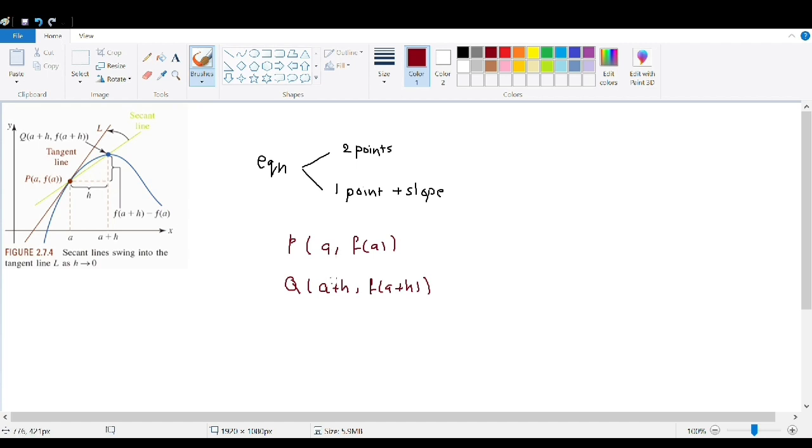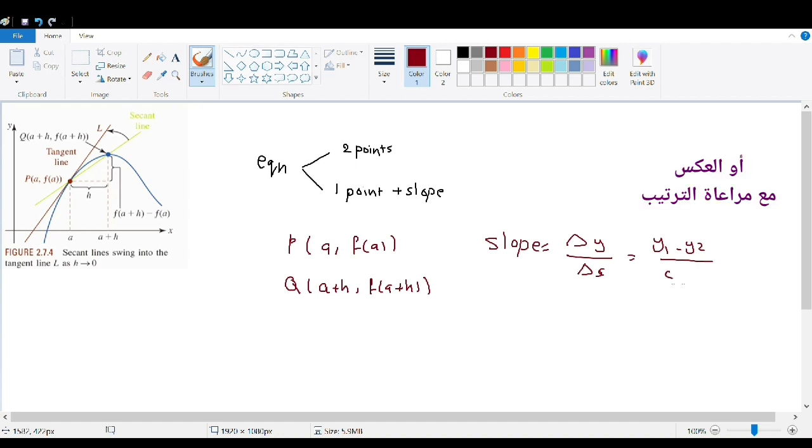So here we have 2 points, and we know that to find the slope of any line, the slope is given by delta y over delta x, where delta y is equal to y1 minus y2 and delta x is equal to x1 minus x2.